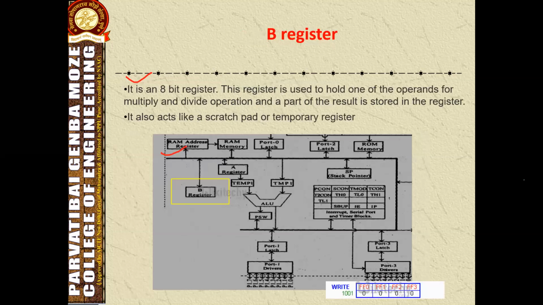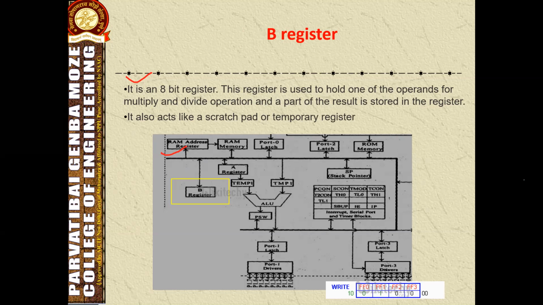Now see the B register. This B register is used with the accumulator for multiplication and division operations. For other instructions, it is treated as a scratch pad register. While performing the operation of the ALU, the result is put in the accumulator.